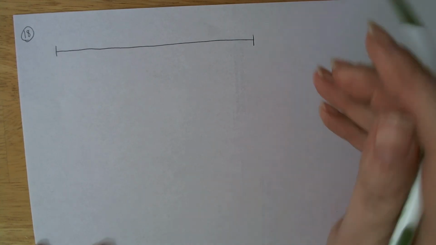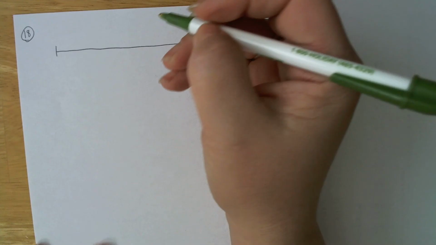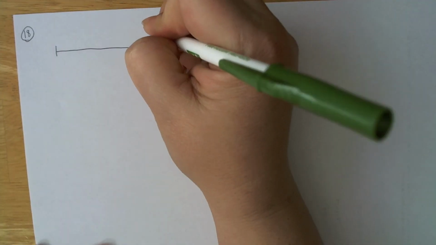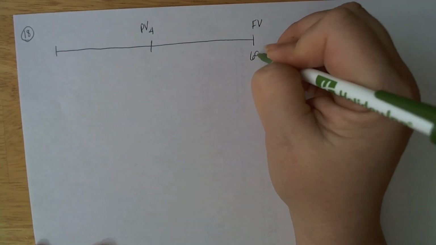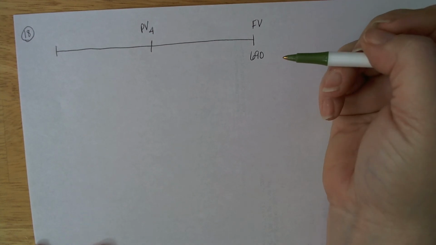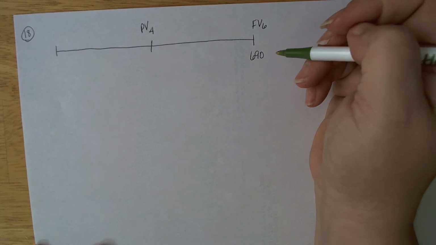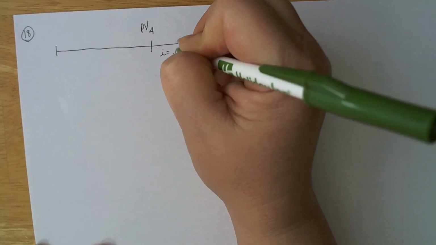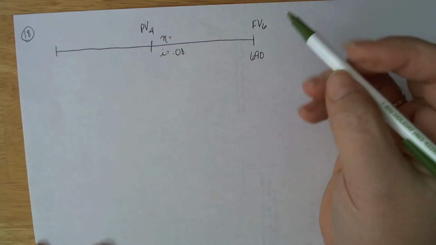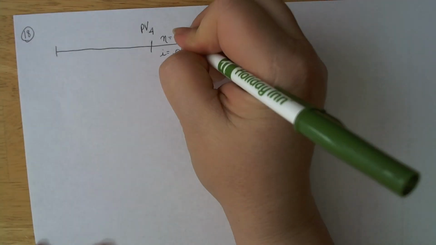When we look at our timeline, which I set up originally correctly, and then I started letting my eyes wander, it's looking for the value of $690 in year 4. This future value is made in year 6, with an interest rate of 8%. And we can see, because we're looking at the picture, that this N is 2.